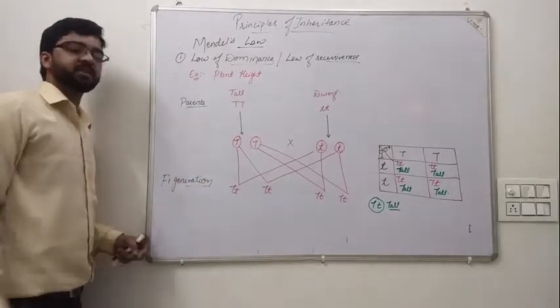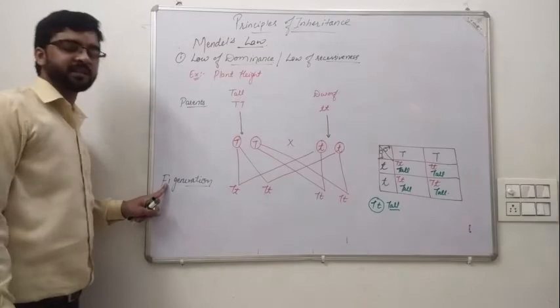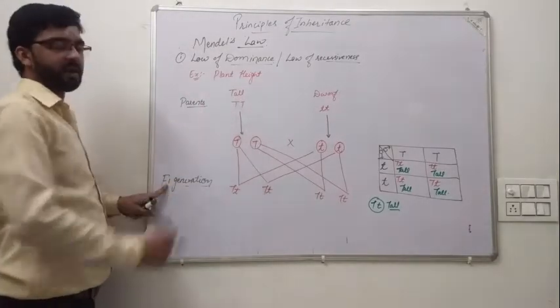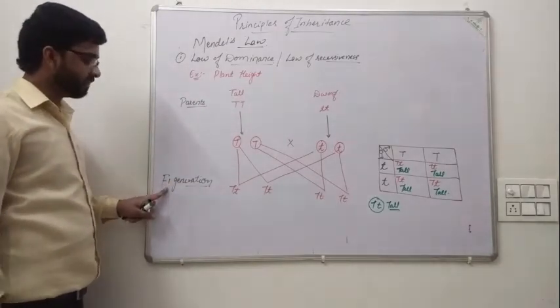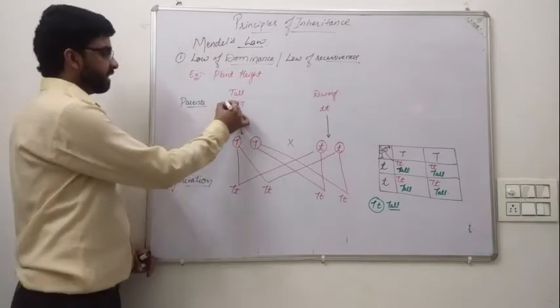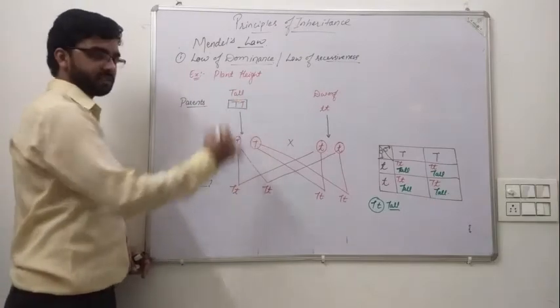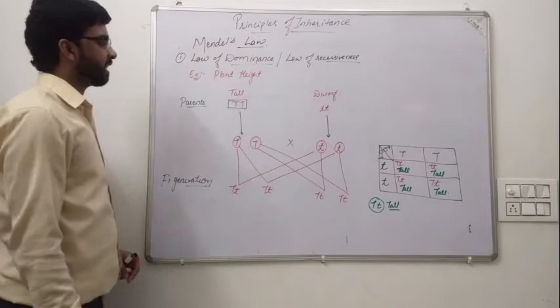F1 generation stands for first filial generation, meaning the next generation after the parents. In the F1 generation, it's a cross between homozygous parents, as we discussed in a previous video on homozygous and heterozygous.